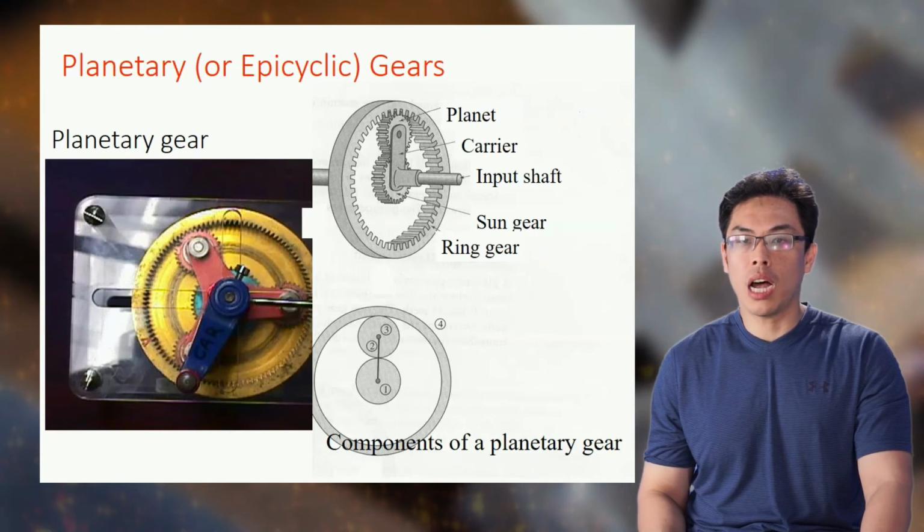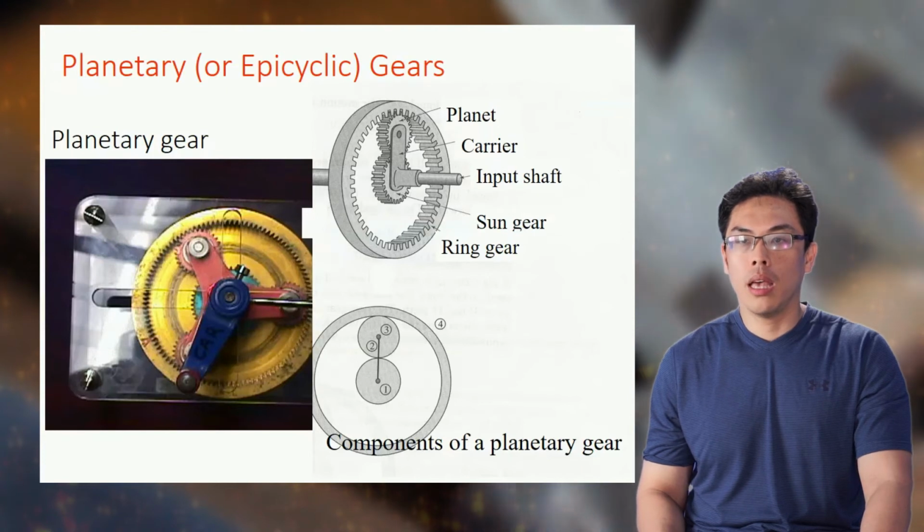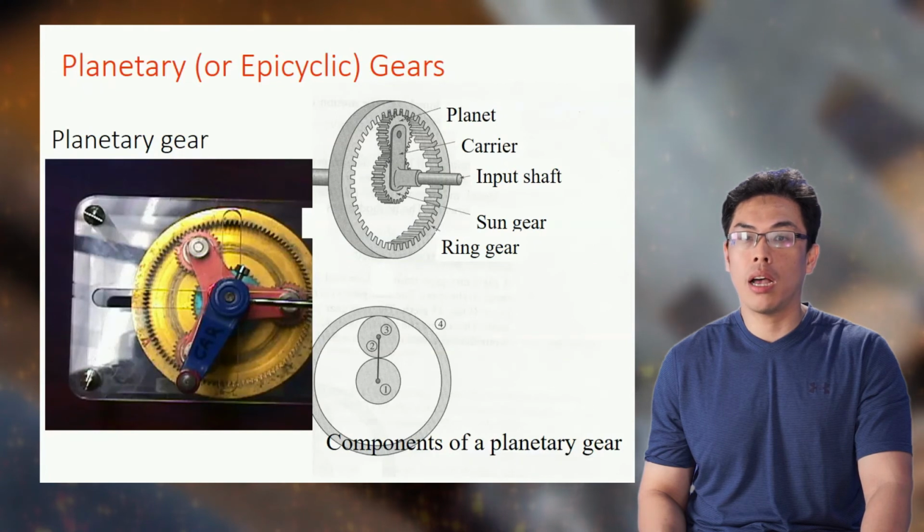Both systems are located inside the ring gear. In the tooth formation, the sun and the planet gears are externally meshed and the ring gear internally meshes.